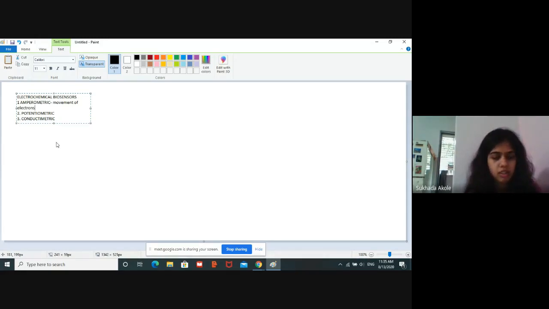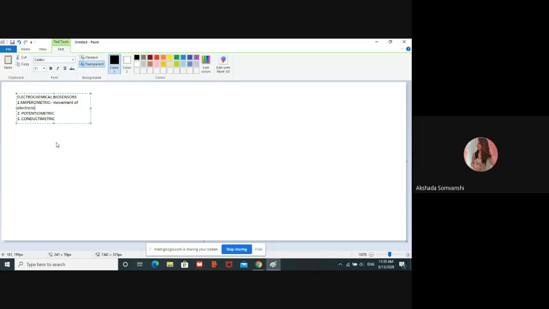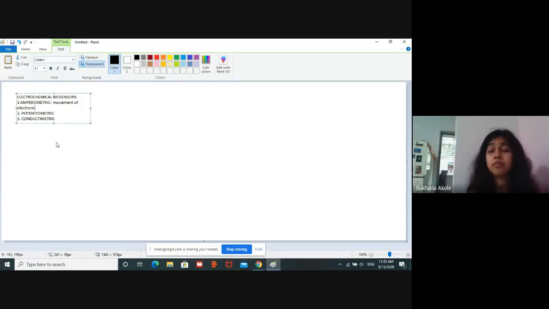Oxidation and reduction. So, therefore, while doing oxidation and reduction, there is obviously going to be a movement of electrons, correct? This movement will be seen by looking at the change in the voltage of the system.